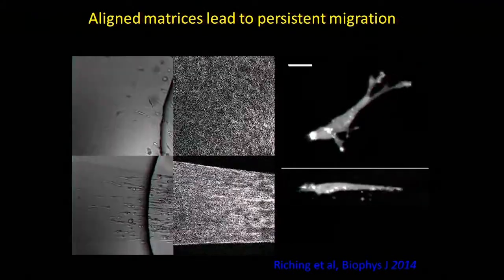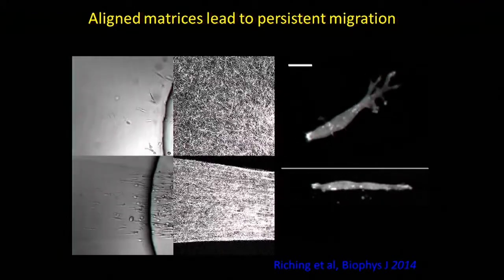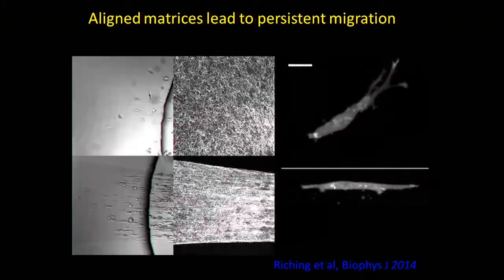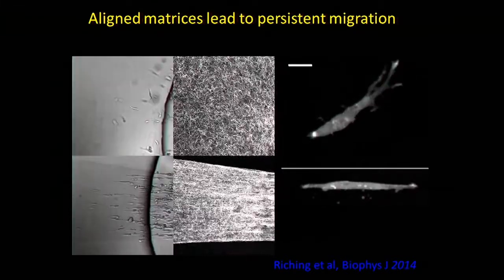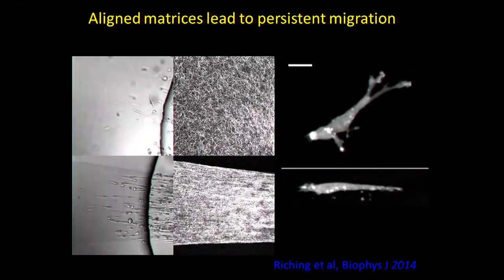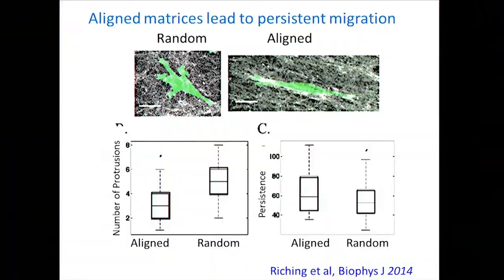Now, if you put this with a blood vessel on the other side where there's growth factors coming out of the blood vessel, these cells will go straight for the blood vessel. So it's actually a rather scary phenomenon if you think about it in terms of cancer spread. So this is just quantifying this. We can look at how many protrusions there are, and if they're aligned, there's a lot fewer than if they're random, so there's fewer distractions.